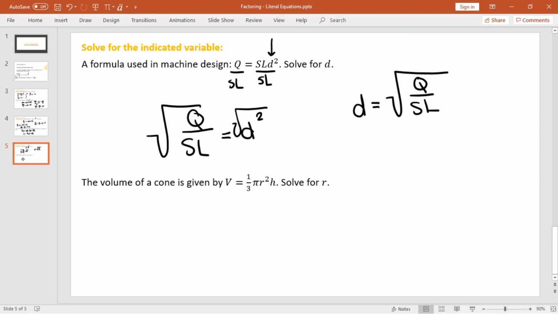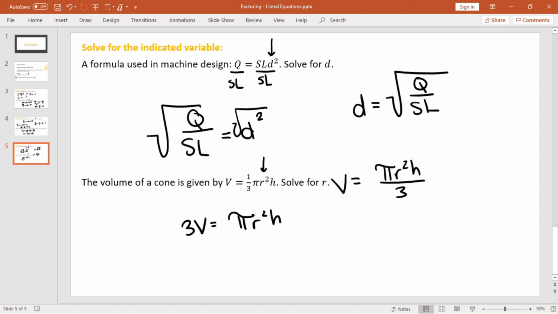A similar one here, r is squared. Okay, I'm going to deal with the 1/3 and then deal with the rest of it. Another way to think about it is this formula is the same as this, right? So I'm going to multiply both sides by 3. So I get 3V equals pi r squared h.